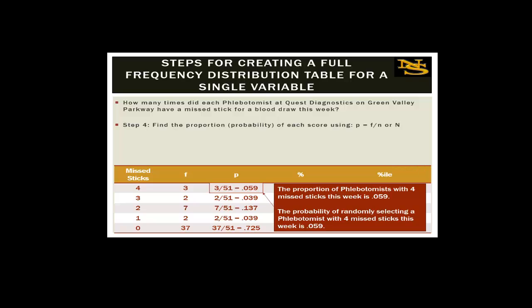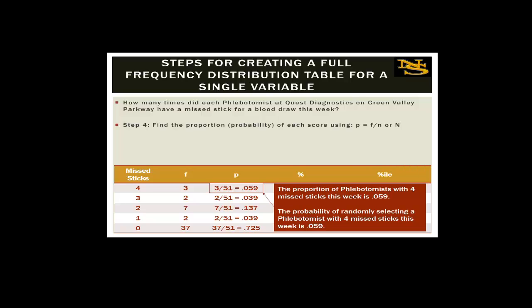So, how many times, for instance, does 4 appear in my data set? Or in other words, how many phlebotomists had 4 missed sticks this week? Well, 3 did. So 3 would be the F in this case. So F divided by the total number of scores in my data set, or in other words, my sample or my population size. In this case, population size.